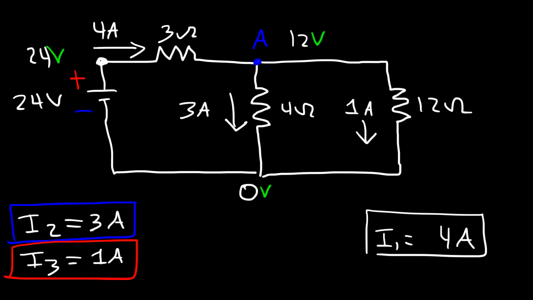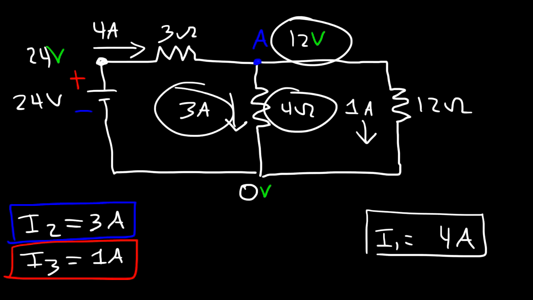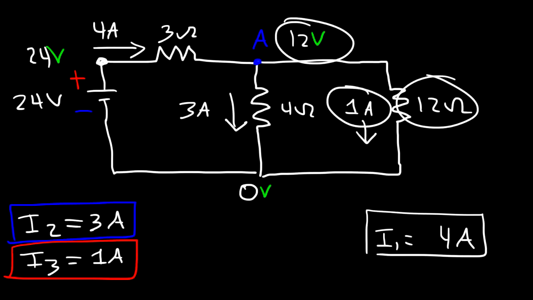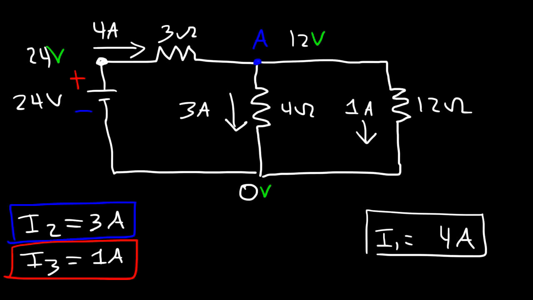Now, 12 minus 0 gives us a voltage of 12 volts across this resistor. 12 volts divided by 4 ohms will give us the current of 3 amps. And 12 volts divided by 12 ohms will give us a current that flows through that resistor, which is 1 amp. So all of the numbers make sense. So it's good to check your work to see if you have the right answer.